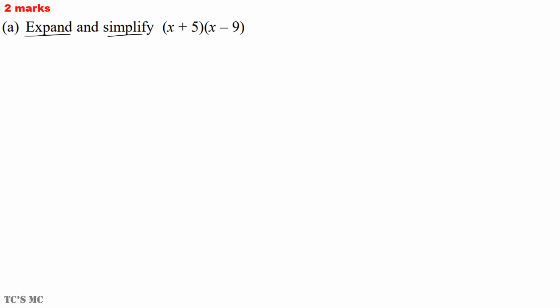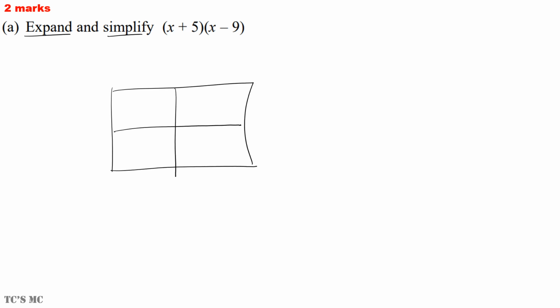Expand and simplify x add 5 multiplied by x subtract 9. I like to use the grid method. So along the top I have x and then add 5. On the side I have x and then subtract 9. For the top left box I need to do x multiplied by x, which is x squared.